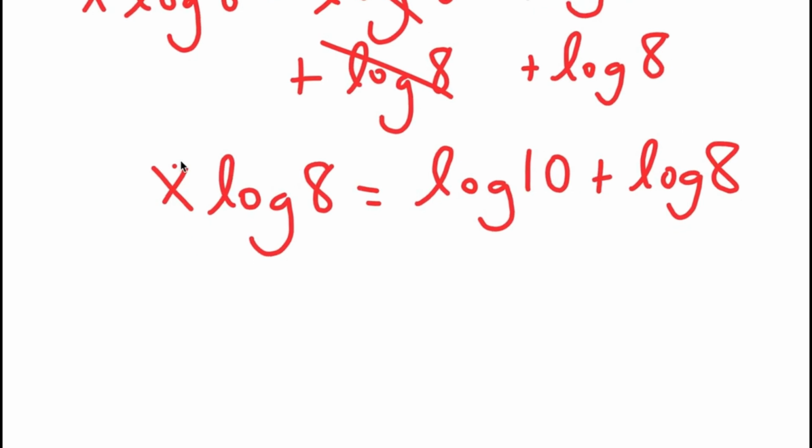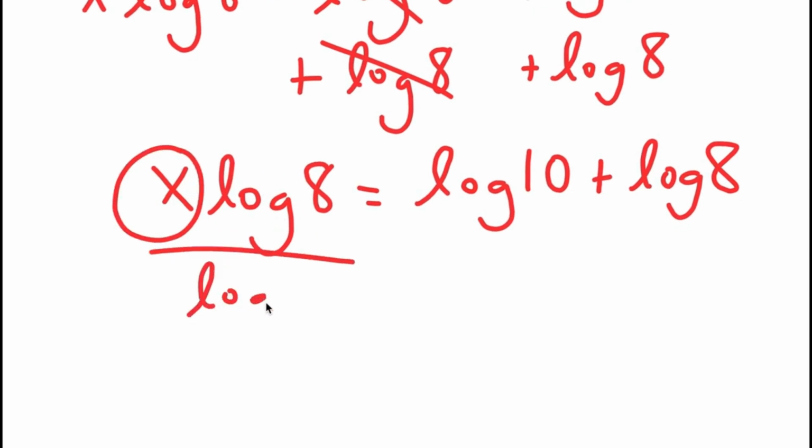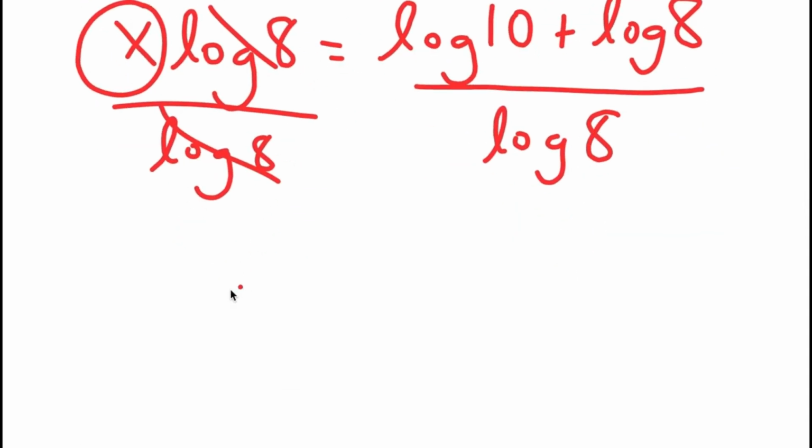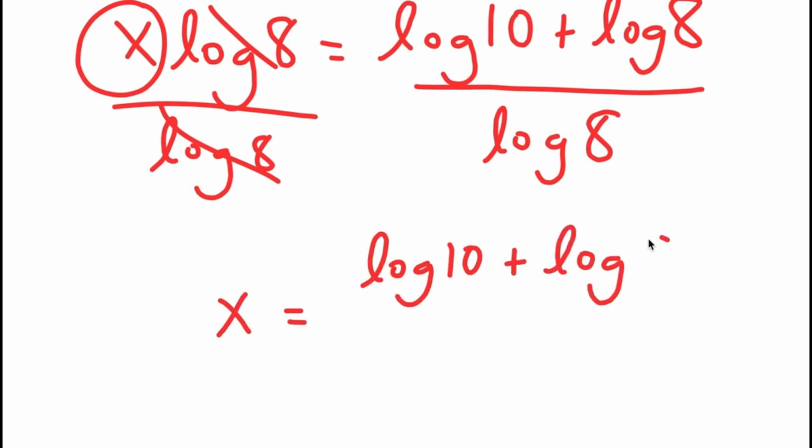And now we want to isolate x. So what I'm going to do is get rid of this log 8 by dividing both sides by log 8. Then these two cancel out, and I'll be left with x is equal to log 10 plus log 8 over log 8.